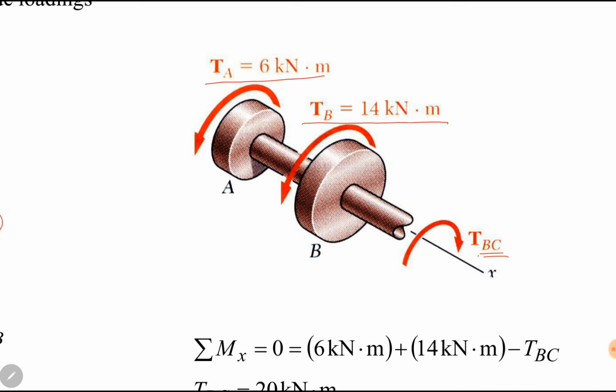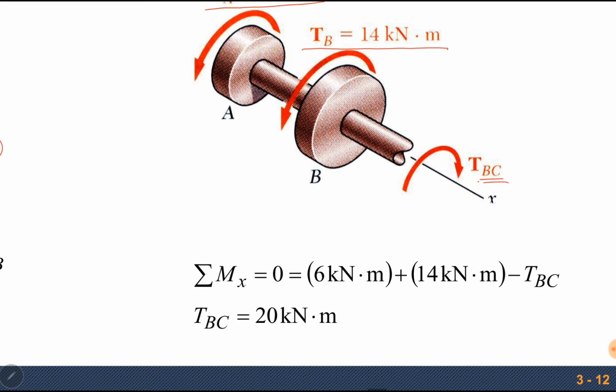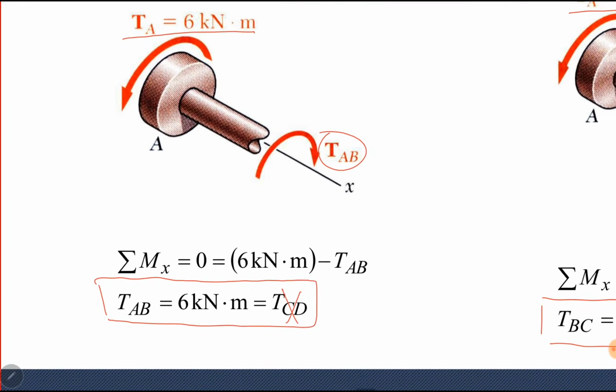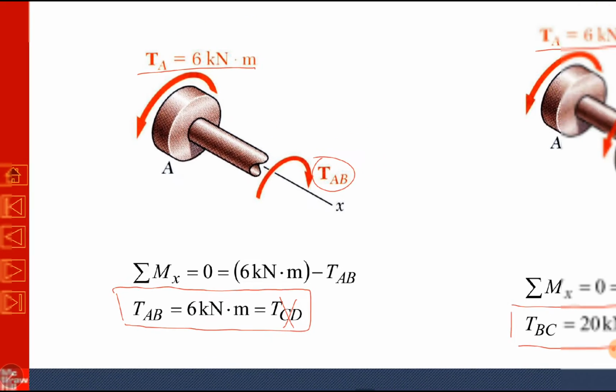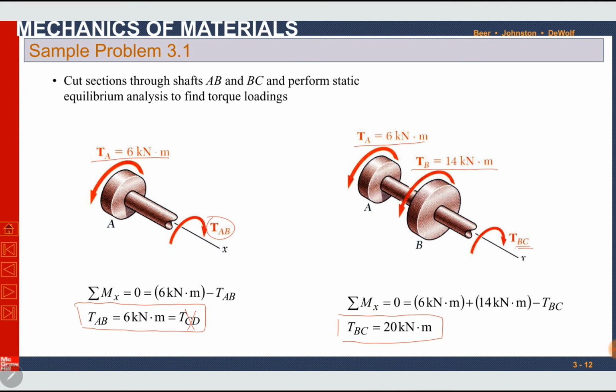If we keep summation of torques equal to 0, 6 kilonewton meter plus 14 kilonewton meter minus TBC, because TBC is in the opposite direction to the 6 and 14 kilonewton meter torques. So TBC comes out to be 20 kilonewton meter. So now we know torques in shaft BC and shaft AB. Okay, we will move towards the solution of our problem.